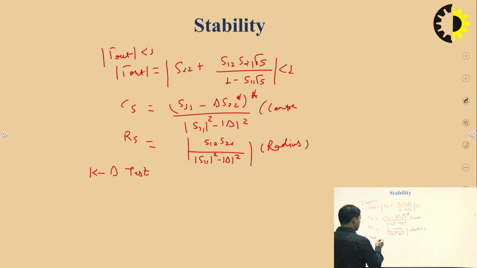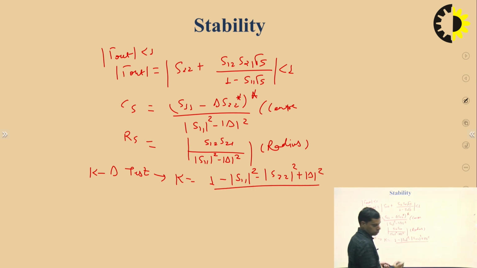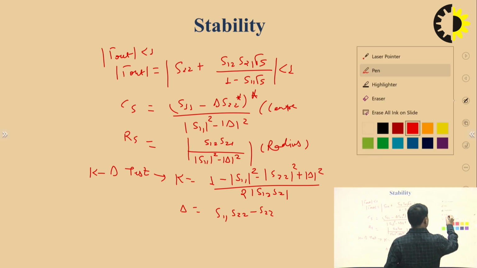In this K delta test, K is given by 1 minus mod S11 square minus mod S22 square plus del square, divided by 2 mod of S12 S21, and del is given by S11 S22 minus S12 S21.